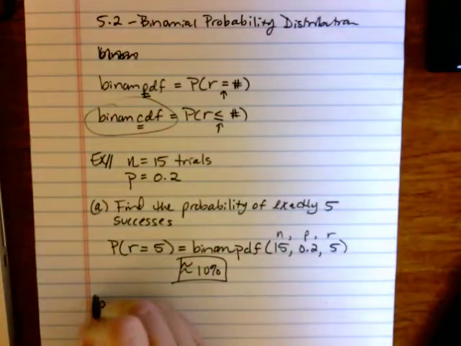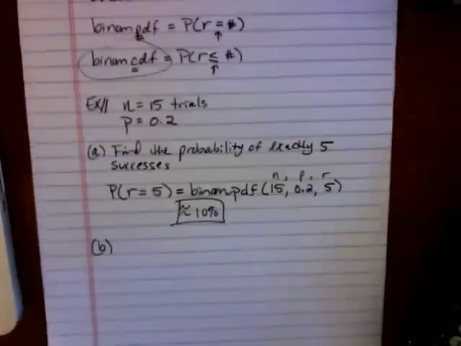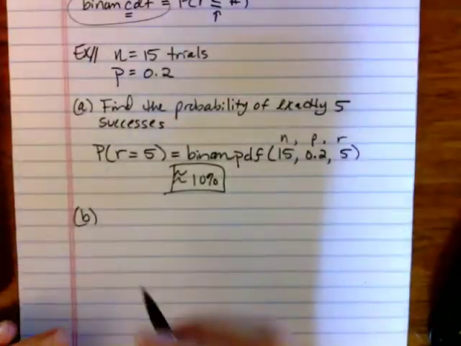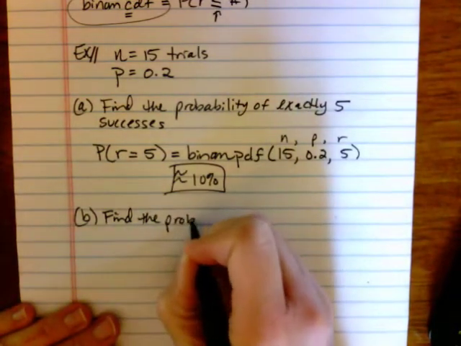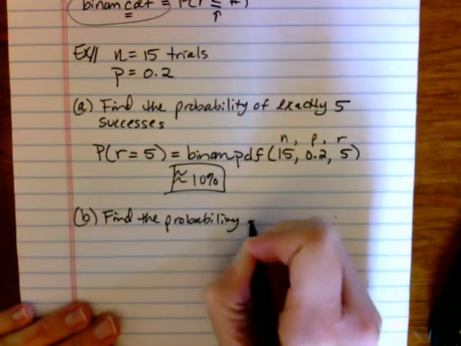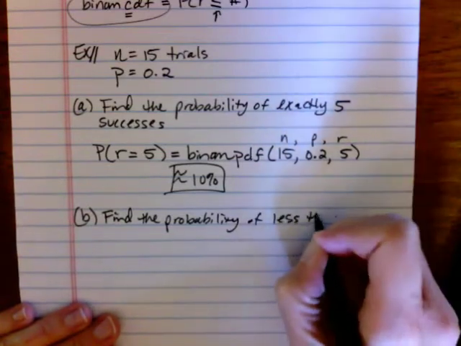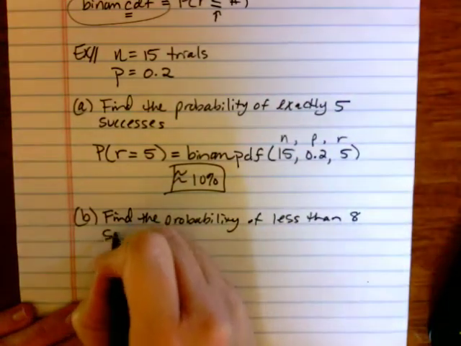Okay. But let's say that I didn't want exactly 5. Let's say this time I want to find the probability of less than 8 successes, for example.